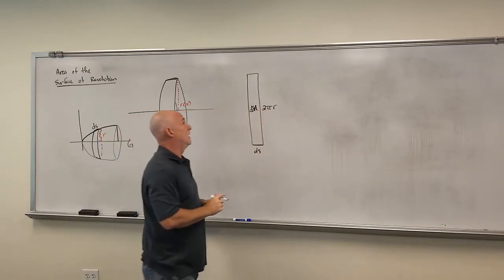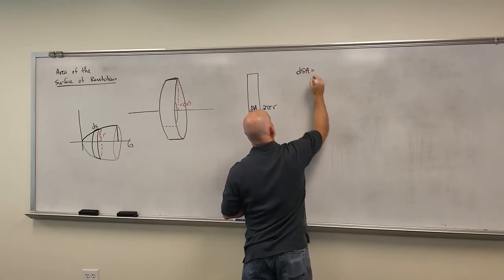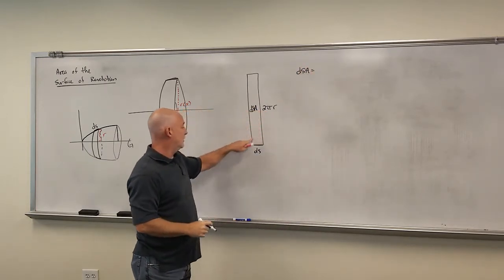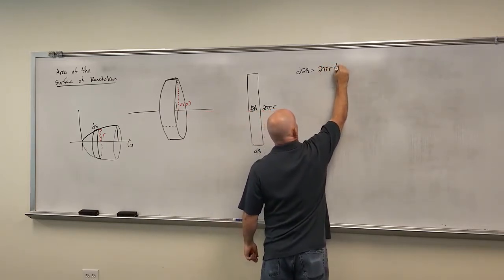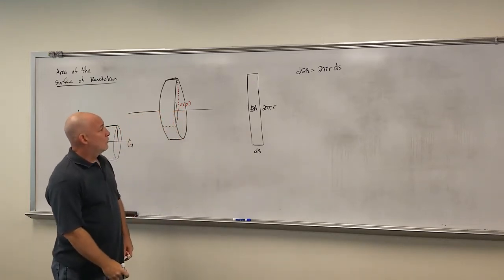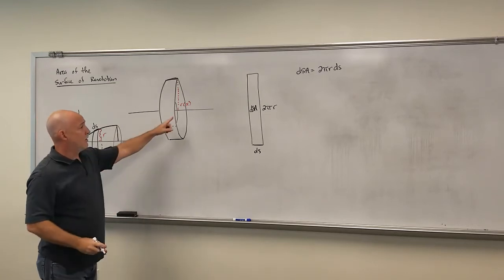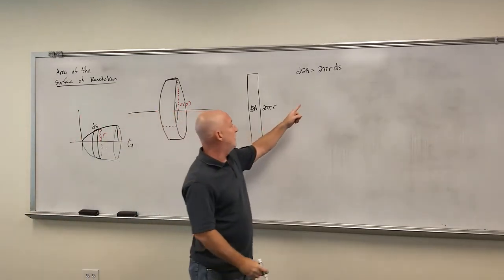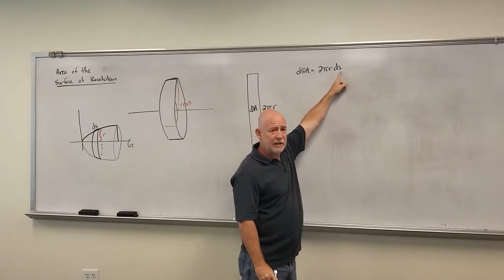So this piece here, this was a very small piece of the surface area. So dSA, surface area. So a very small piece of the surface area is the area of this ribbon, length times width. So this is going to be 2 pi r ds. Well, remember the way that I have this particular thing set up, I kind of have an r of x, but r is either going to be a function of x or y, but that's a function of s right now.